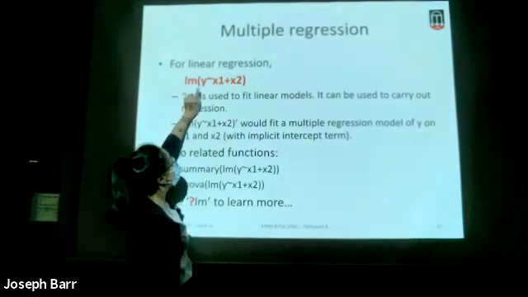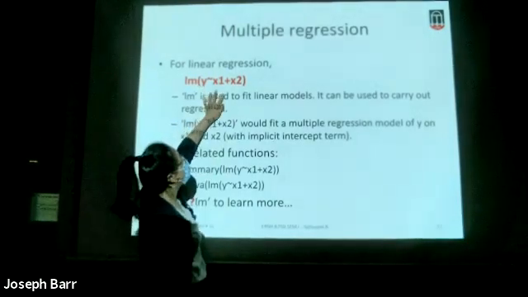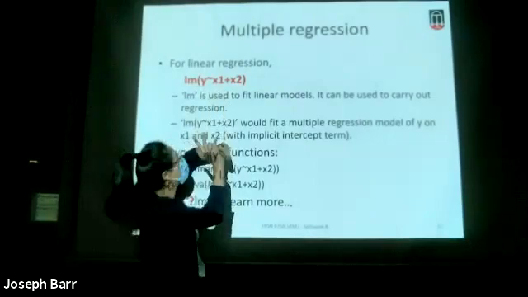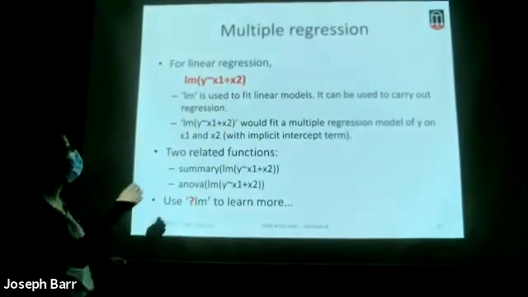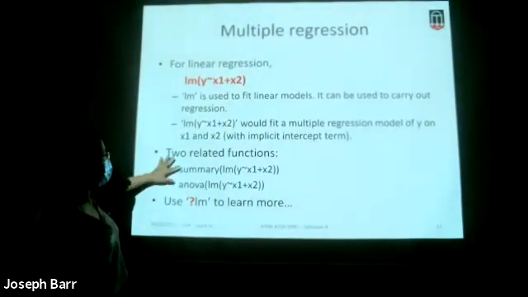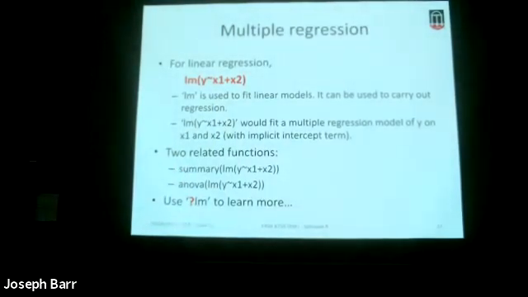Just linear model, Y, again the dependent variable. Now I have two independent variables, x1 and x2. Just use the plus sign to connect them together. So you can also check summary and ANOVA table to look at the output of multiple regression.